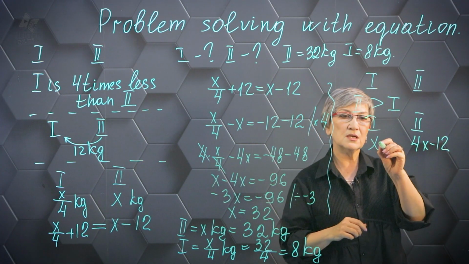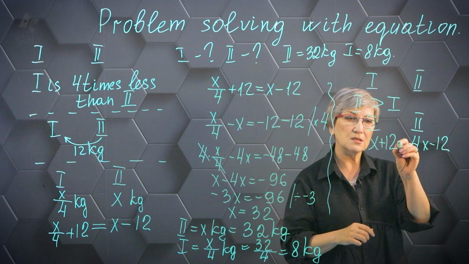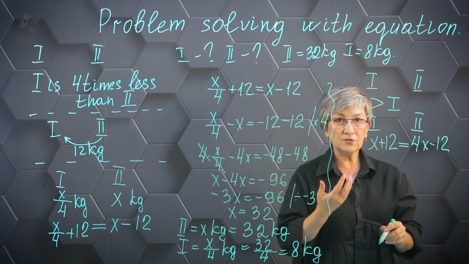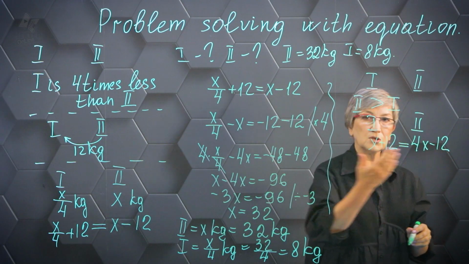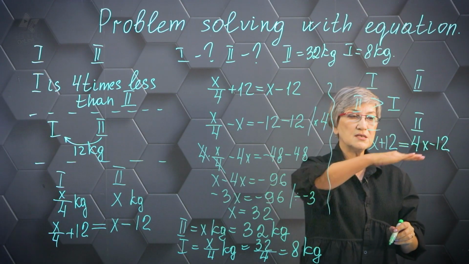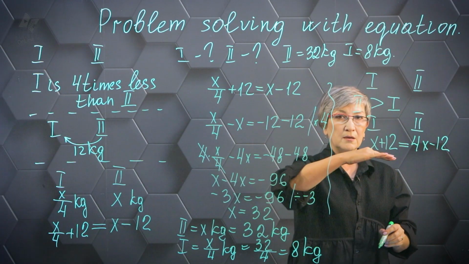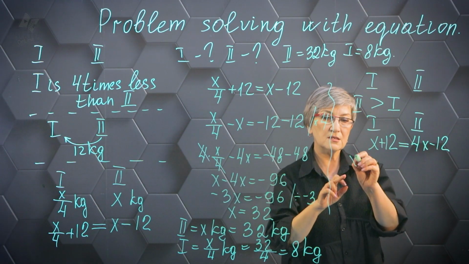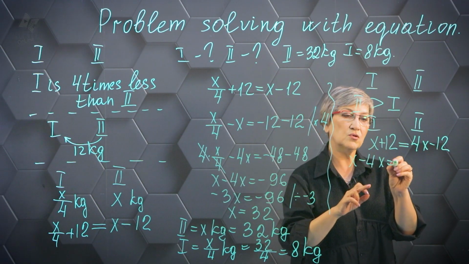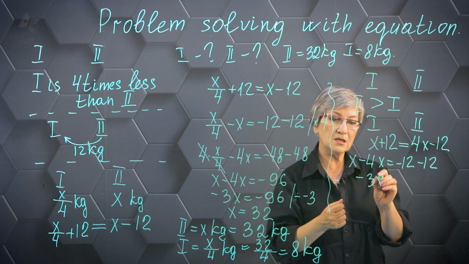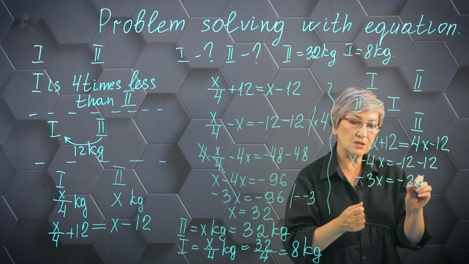I write down minus 12 for the second box and plus 12 for the first box, and the mass of the two boxes is again equal. The equation is like this, and as you can see, we don't have a fractional term in this equation. Let's solve it. x minus 4x equals minus 12 minus 12, and then minus 3x equals minus 24, and x equals 8.